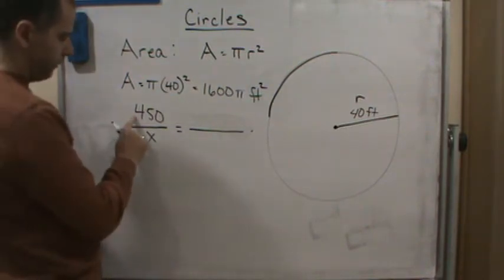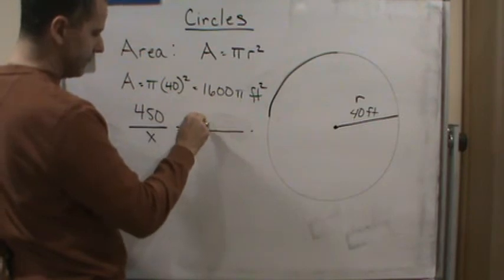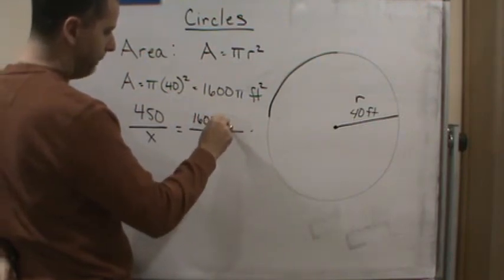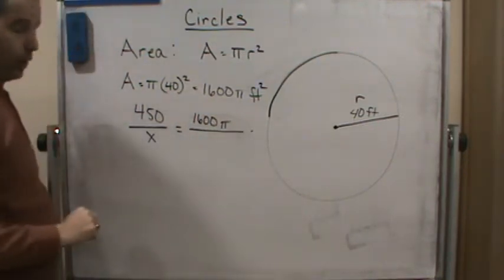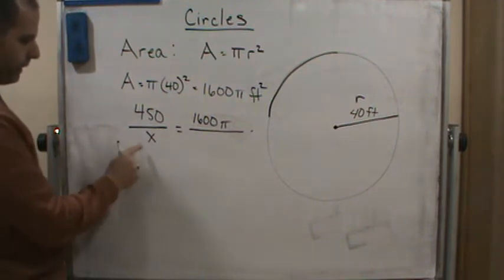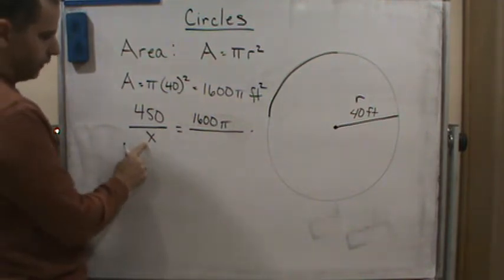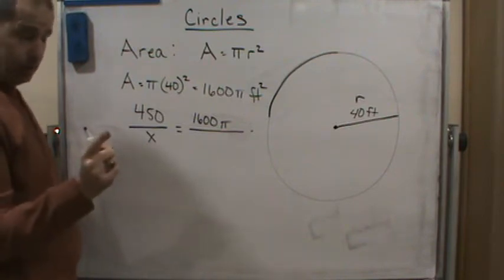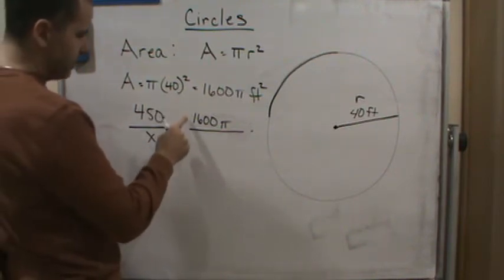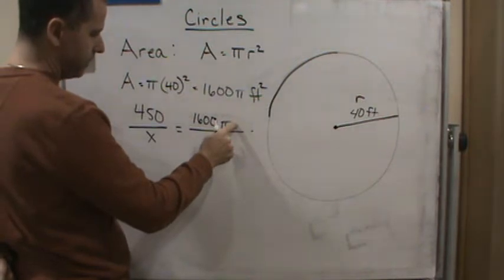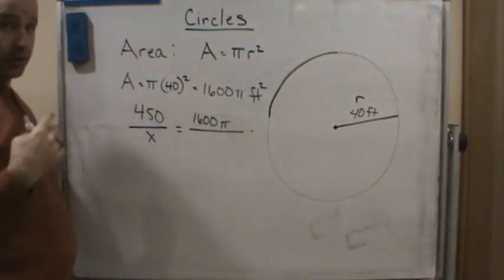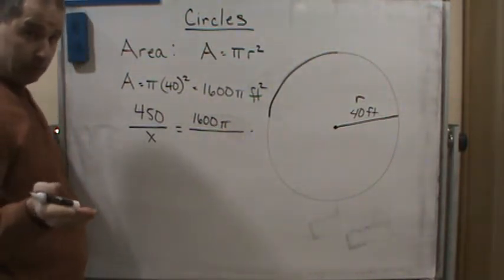So this 450 seedlings was found in 1600 pi square feet. We want to find out how many new seedlings there are per acre. So we need to change this from square feet to the number of square feet in an acre, right?